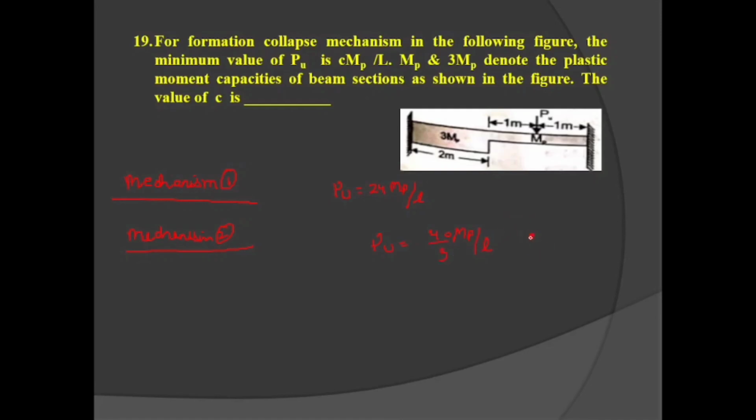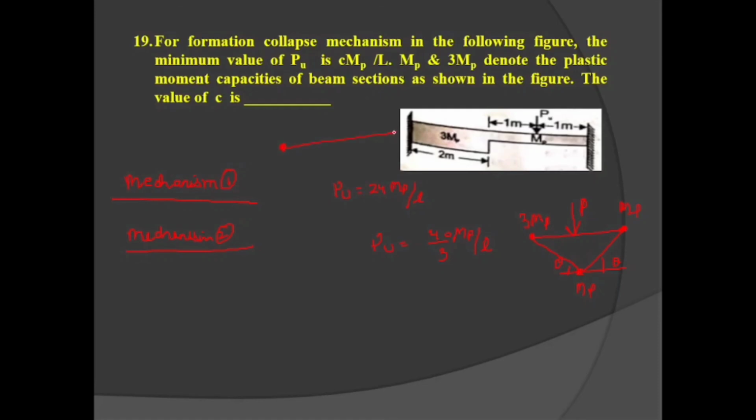Here I have assumed the plastic hinge here, and under the load P. Okay. So here MP into theta plus theta because the symmetrical condition is there. Here 3 MP is required. Here MP is required. And in this particular case, we have assumed the situation likewise this.